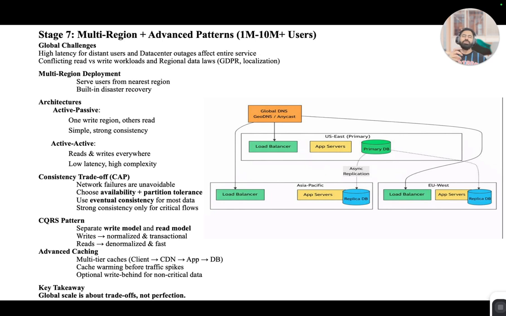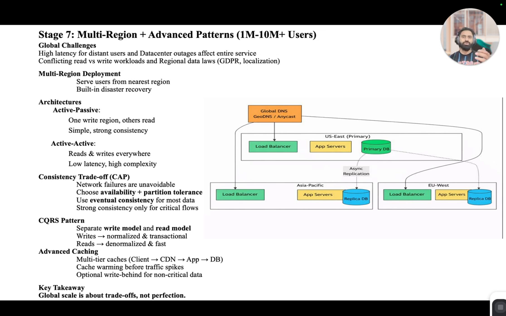So there is only eventual consistency, not urgent or active consistency, I would say. Only critical operations like payment, inventory, or financial data need very strong consistency and may route to a primary region.